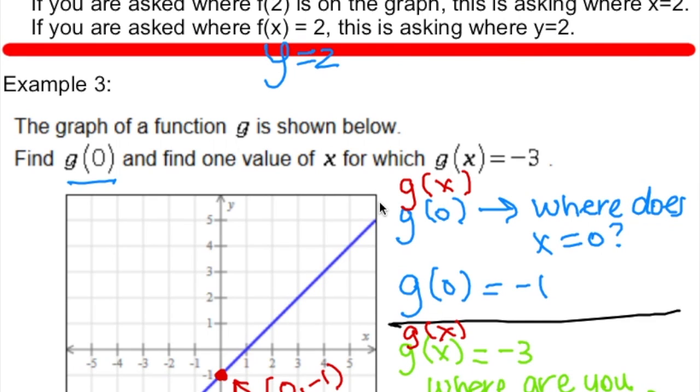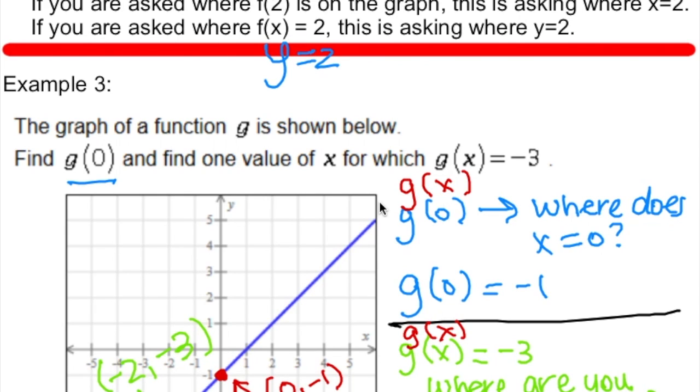So from here then, it's my x value I'm trying to find out about. So to get to the line, the blue graph, I can move left or right. Well, to get there, I need to move left 2. So that point there, right here, the coordinates of this point would be -2, -3.